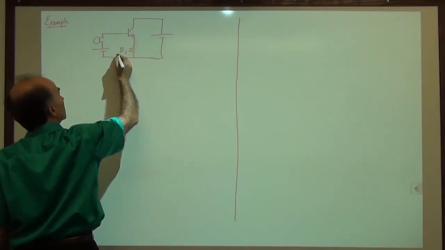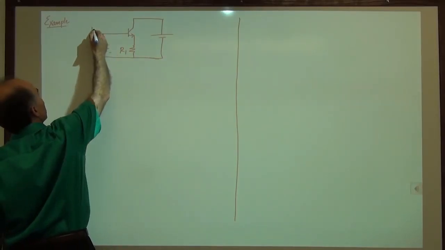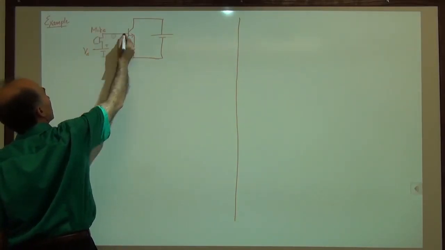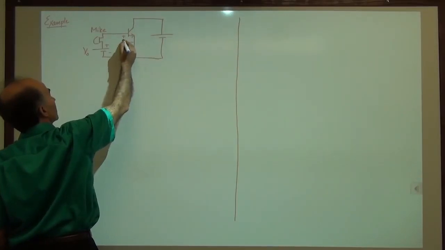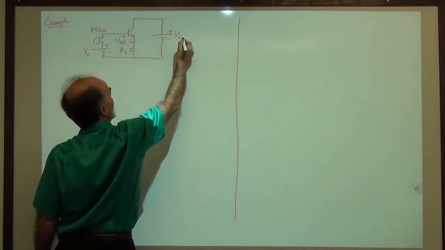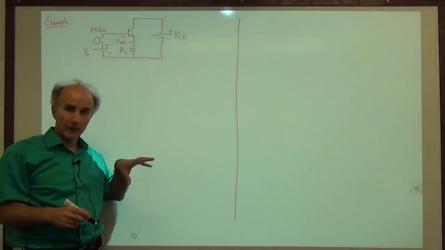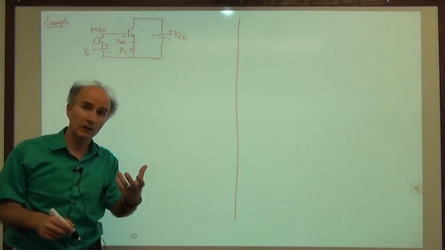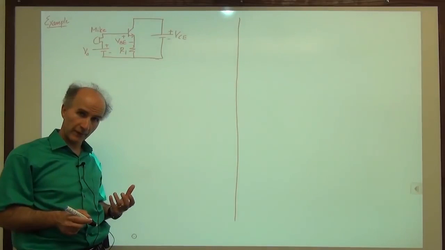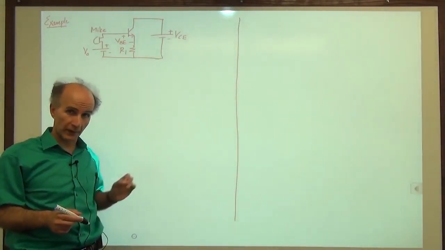That's R1. This is V0. This is a microphone, and we know that the base emitter voltage is from here to here, and that's VCE. The purpose of these examples is to get comfortable with this model that we have created for the bipolar transistor and see how we can utilize it to solve circuits.